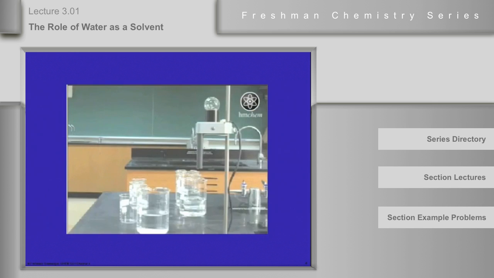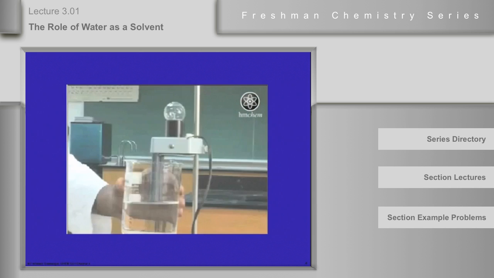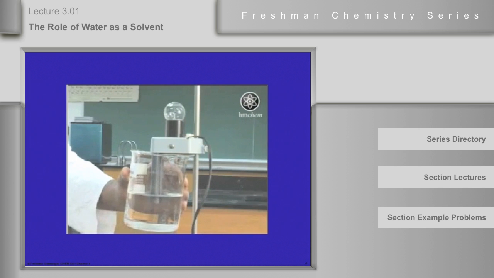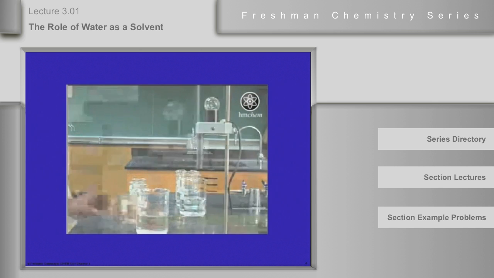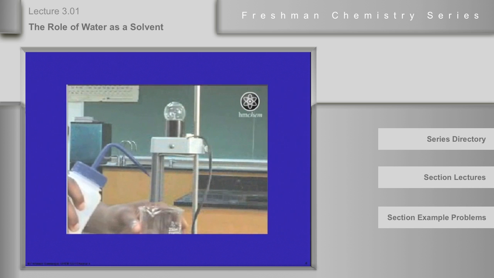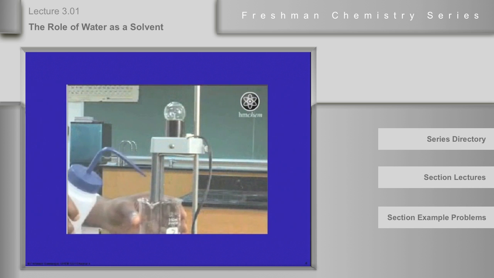This solution contains no ions and does not conduct a current. Light bulb doesn't light. Between each demonstration, the electrodes are rinsed with distilled water to remove residual compound.